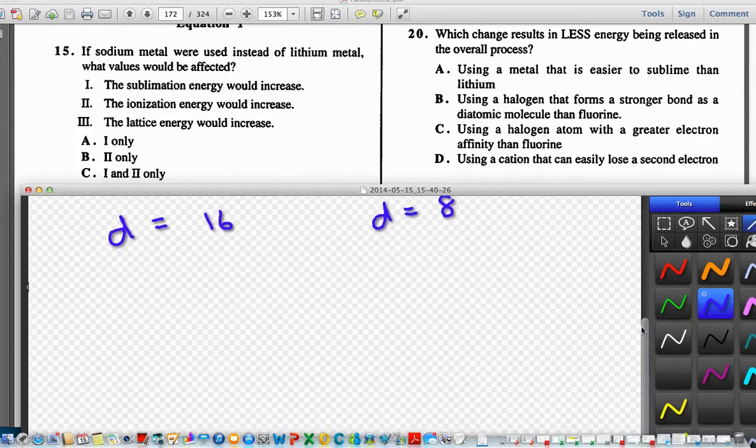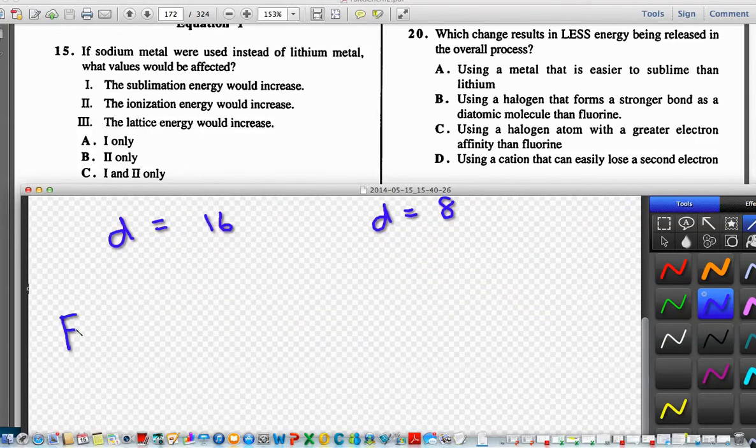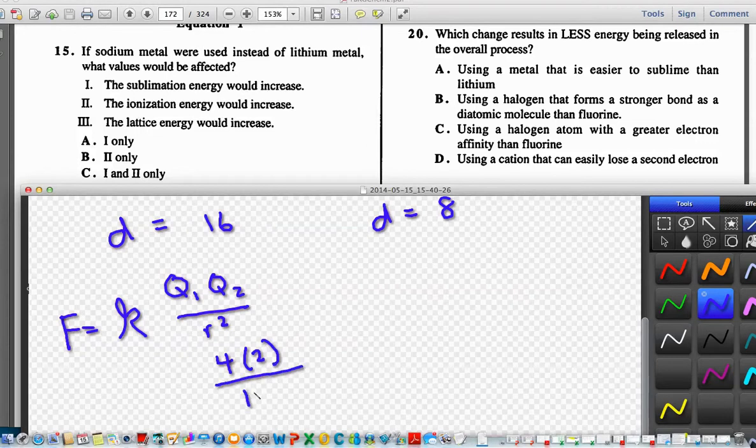Coulomb's law says the force is equal to the constant K times the product of the charges divided by R squared. So this means 4 times 2, I'm going to ignore the negative sign, over 16 squared. So this is 8 over 16 times 16, which is 1 over 32.